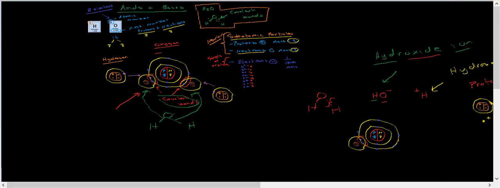So if we think about this species here, the hydroxide ion, it's negatively charged. So why is it negatively charged? Well, if we think about the arrangement, you're going to have 8 protons, which carry a positive charge. So 1, 2, 3, 4, 5, 6, 7, 8. These positive charges are coming from the protons in the nucleus.